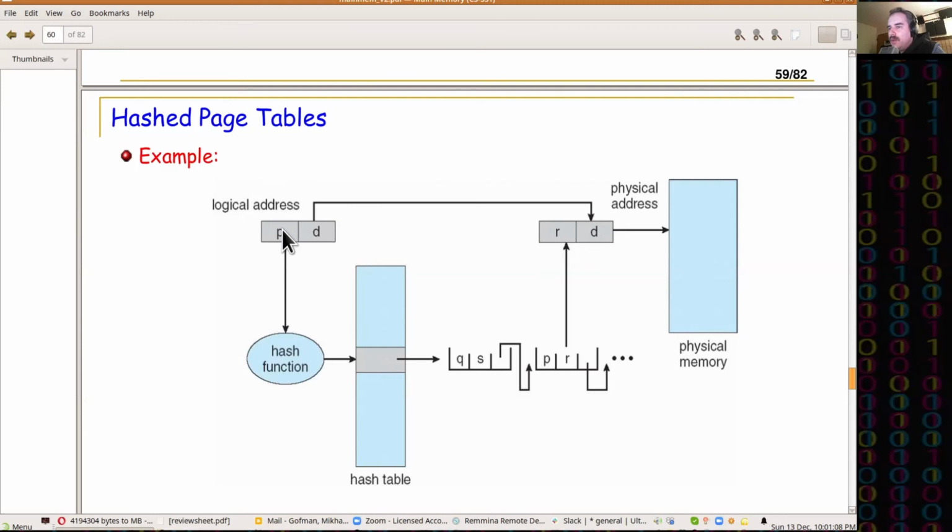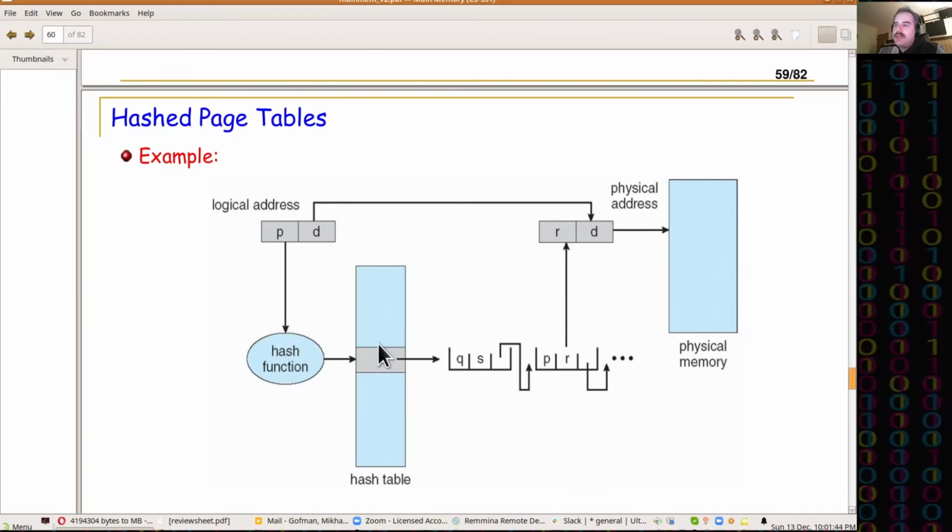So when a process issues a virtual page request, we hash the page number and use the output of the hash function to index into the array. Then we search that slot until we find a virtual page number that matches the page number requested by the process. When we find a match, we take the associated physical frame number stored in the same node, and that becomes our physical frame number.